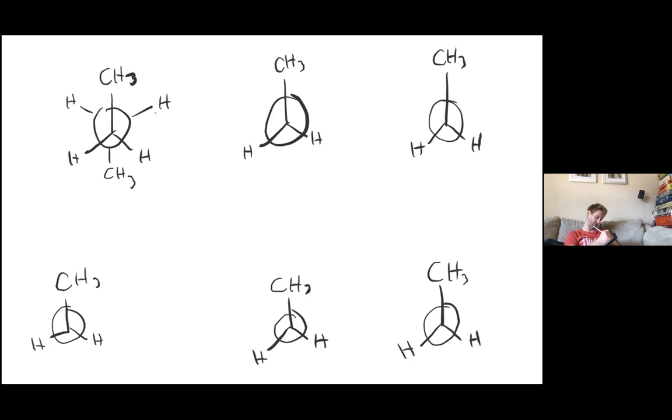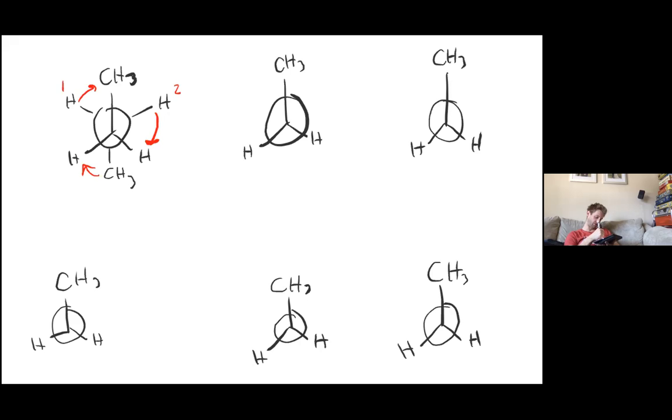If I shift this H 60 degrees, this CH3 60 degrees, they're going to go from being what's called an eclipsed conformation to being a staggered conformation. So they're not going to be on top of each other. So we moved the H's. Let's go 2 and 1.